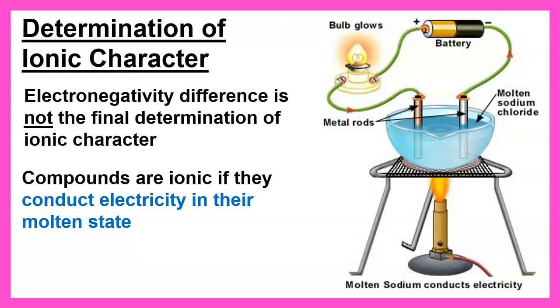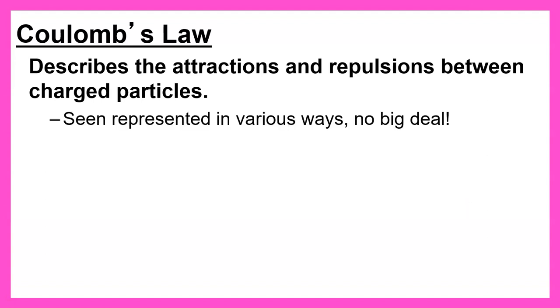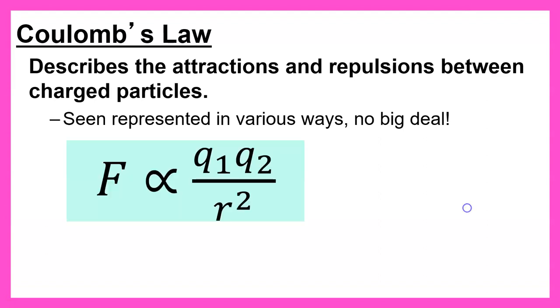The big deal in this chapter, and most of AP Chem, they love this, is Coulomb's law. So this is mathematically describing the attractions between the charged particles. We see an equation that you may see represented in slightly different ways, not a big deal. We way oversimplify it here.